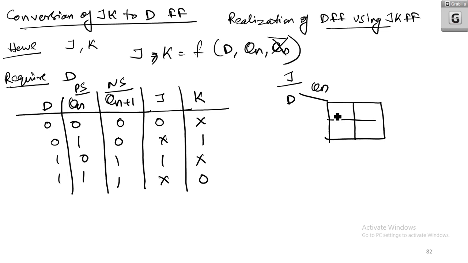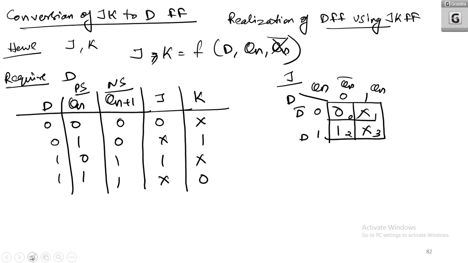I will write 0, 1, 0, 1, D bar, D, Qn bar, Qn, so 0, 1, 2, 3. For 0, 0, J is 0. For 0, 1, J is don't care. For 1, 0, J is 1. For 1, 1, J is don't care.